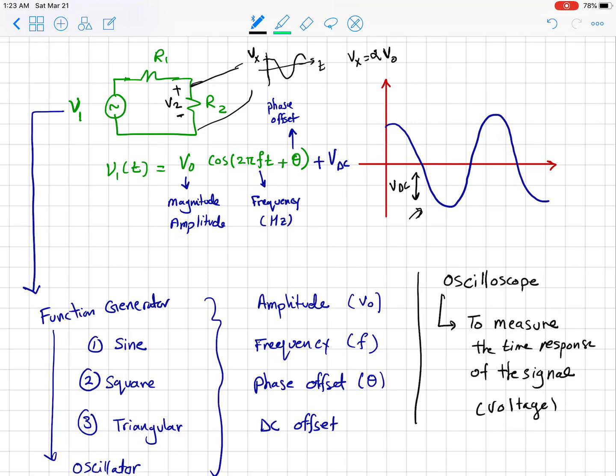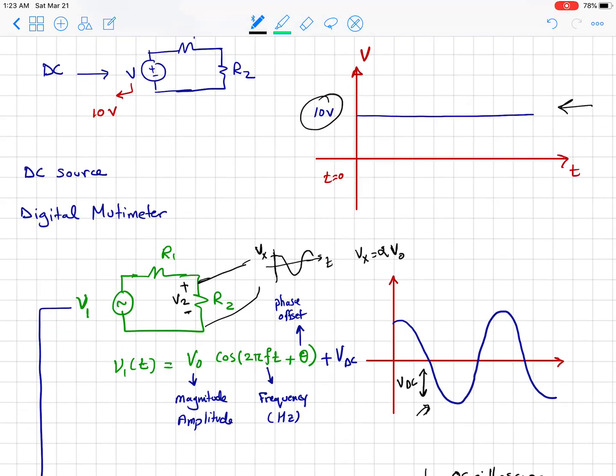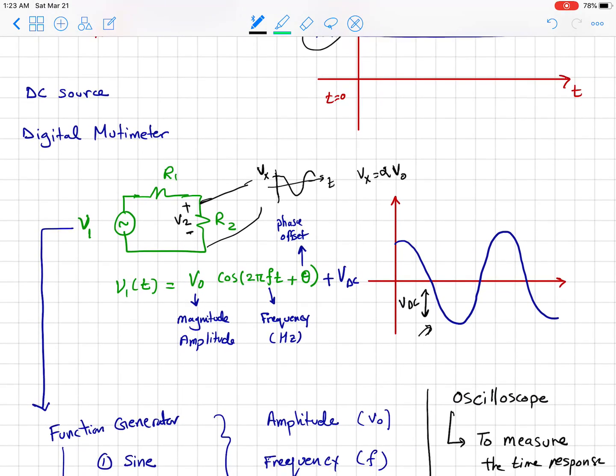So what happens if the source is DC, and you connect the oscilloscope to R2? Then the voltage that's going to appear will be something like this, of course with different magnitude.